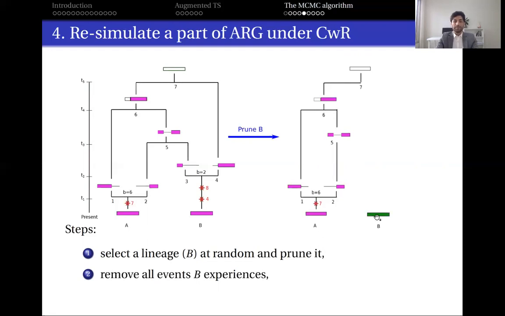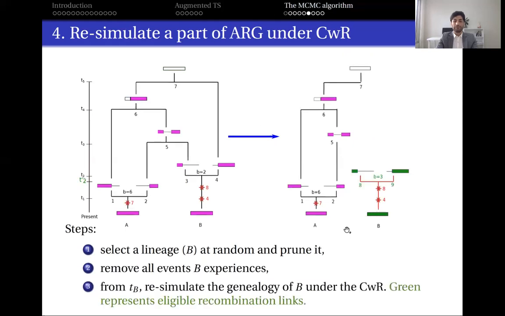This green line means the recombination links that are ready for recombination to happen on. So going back in time, the first event that B experiences is a recombination resulting in 2 parents, 8 and 9.